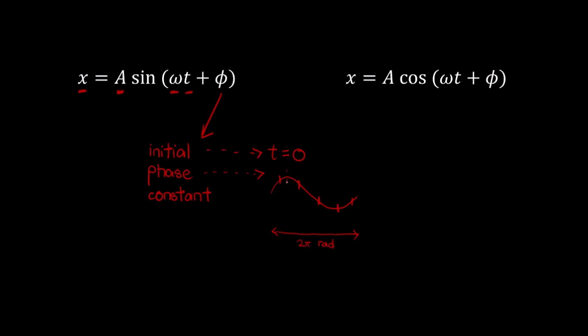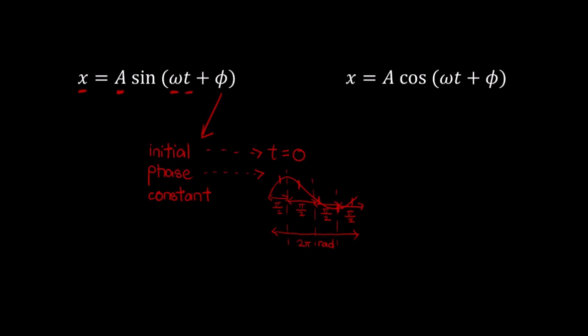If we split it into 4, then this one will be pi over 2, so the phase difference is pi over 2. It's a complicated concept and really difficult to explain, but it means which section of the sinusoidal curve you are at.